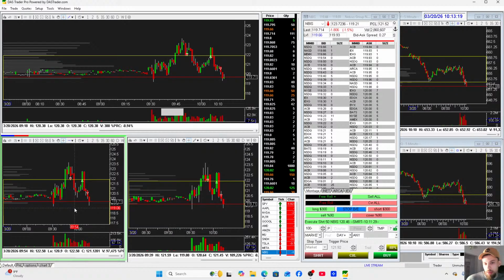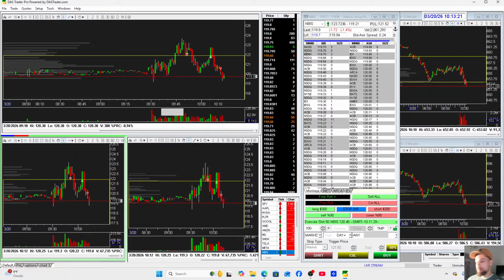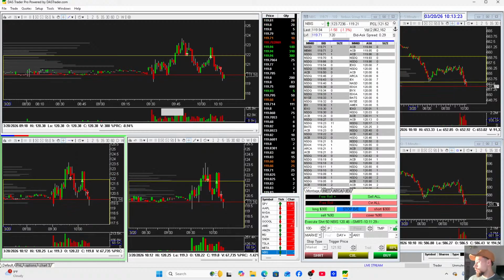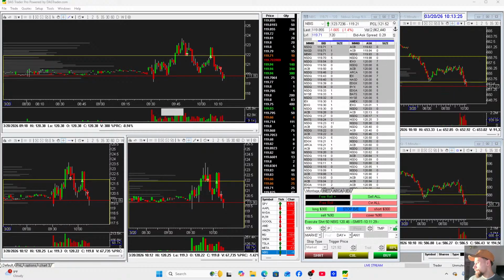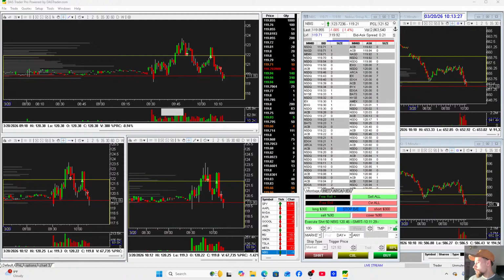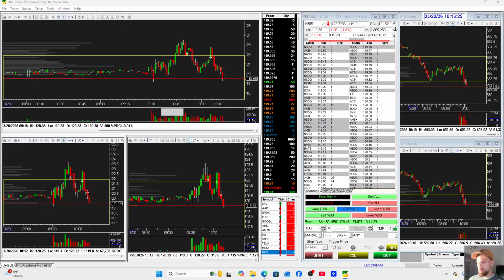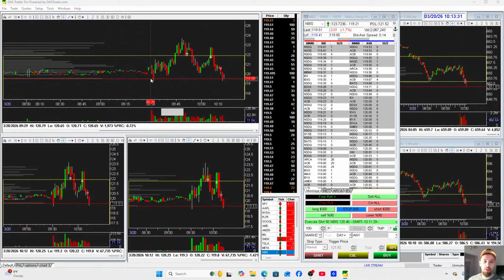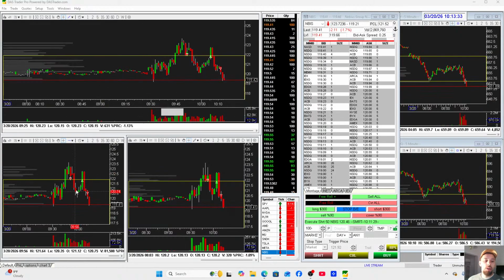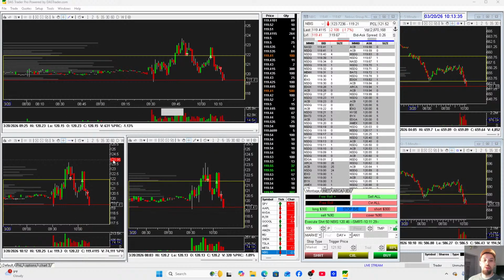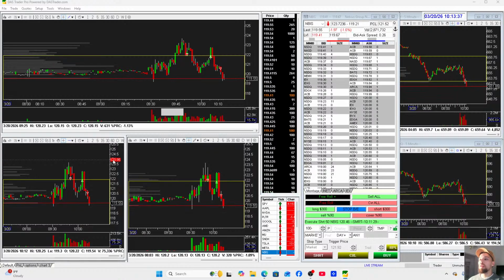Really would like to see this lose this 120 level. Bottom of that range of the opening candle is 119.30, this candle here. If we can squeeze through this candle, I think we're going to be good for another leg down.